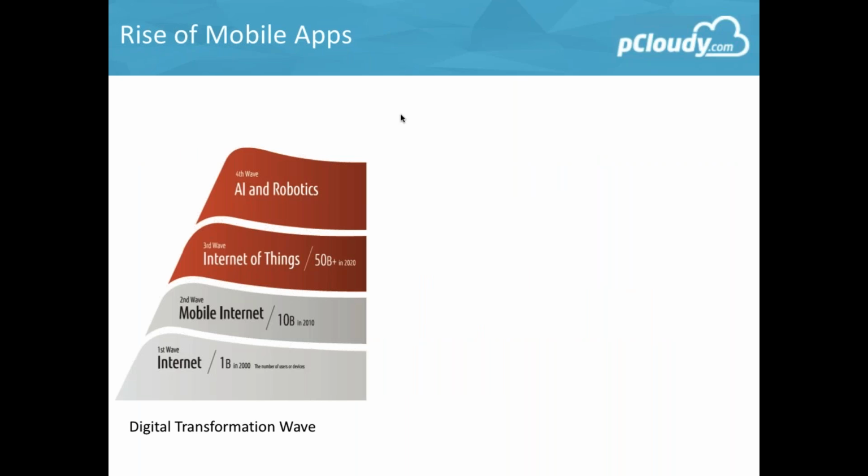So let's start the first topic of discussion. What's happening in the mobile app space? I'm sure you all would have heard about the digital transformation waves. It started with the advent of internet, but the real boom happened with the rise of mobile internet, which gave a jump of 10 times in terms of the number of people who started using mobile internet.